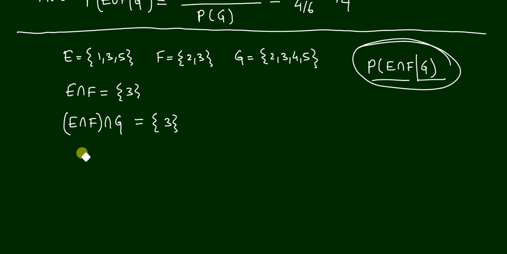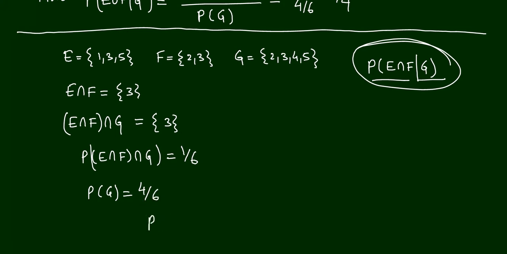So the probability of E intersection F intersection G will be 1 upon 6, because it contains only one element and the total elements in the sample space are 6. And the probability of G, G contains 4 elements, so it will be 4 upon 6.